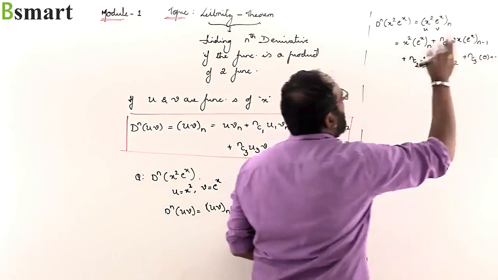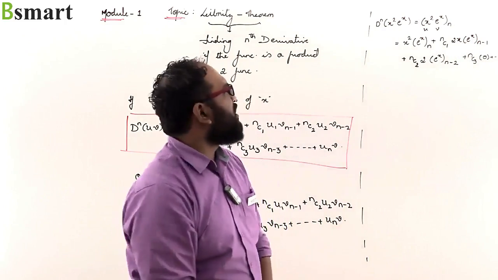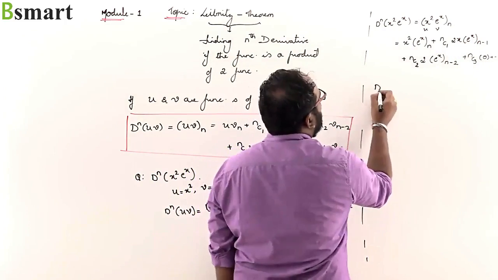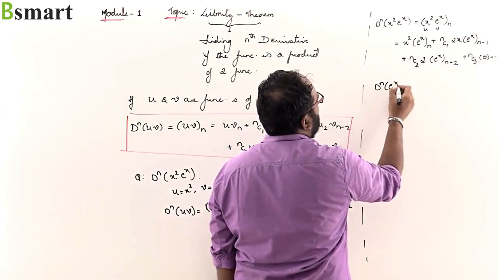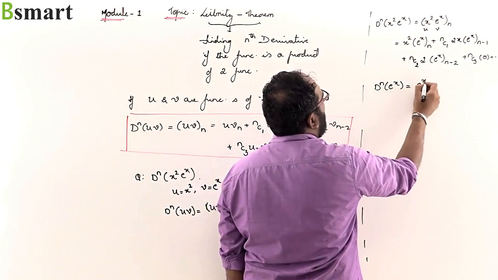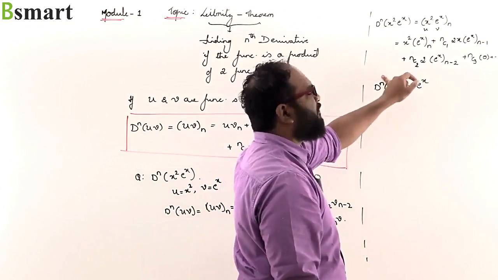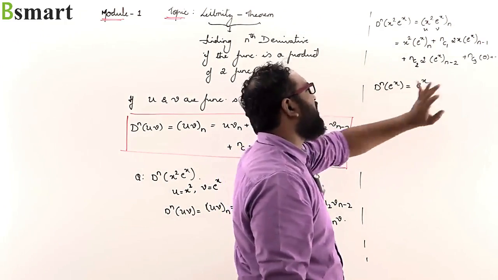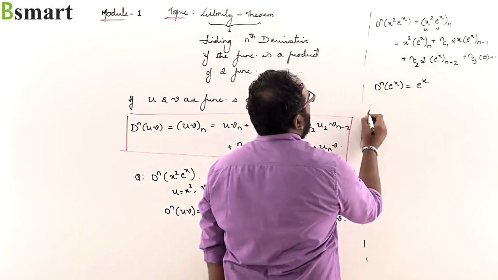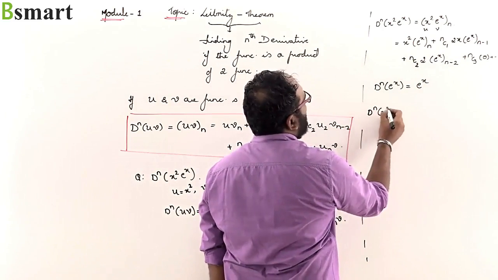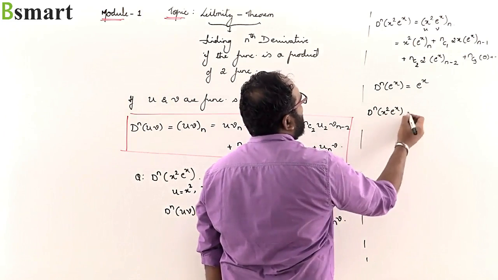So from here all the terms will become 0. The nth derivative of e to the power x is e to the power x only. No matter what the value of n is, its derivative will be e to the power x.